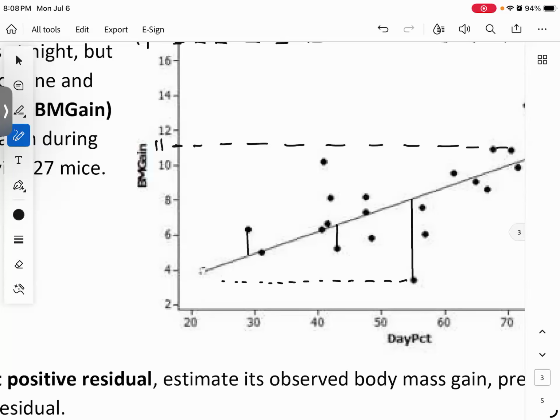I'm just going to go with about 3 here, just to make the math a little simpler. That would be the observed, the one based off of the dot. Then right here where I'm putting a dot, that looks like about 8-ish. That's the predicted.